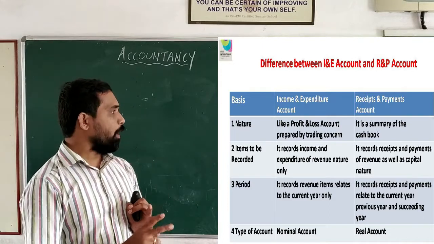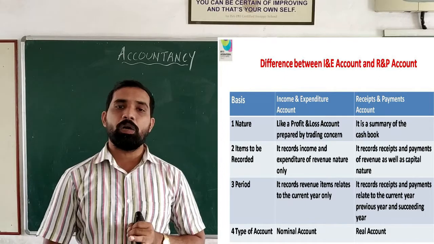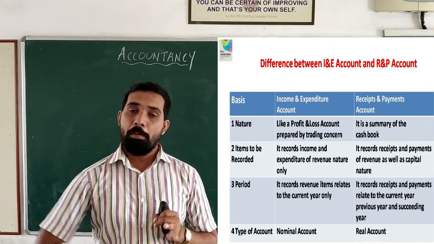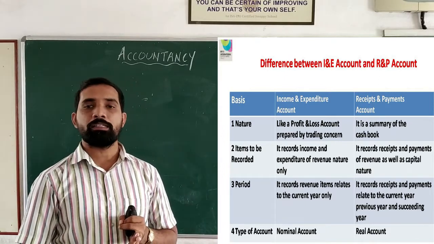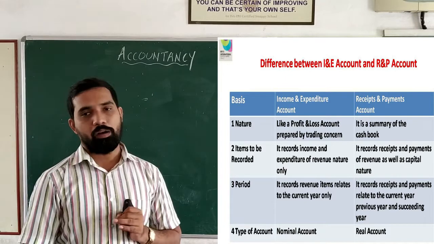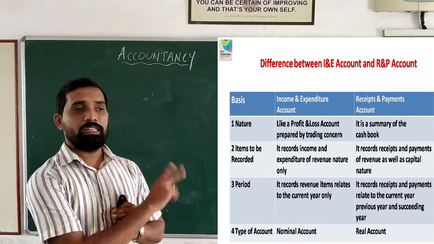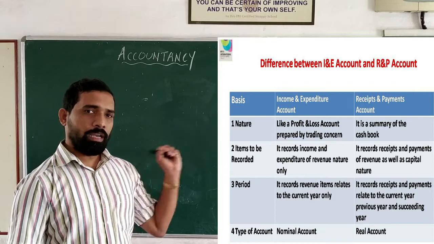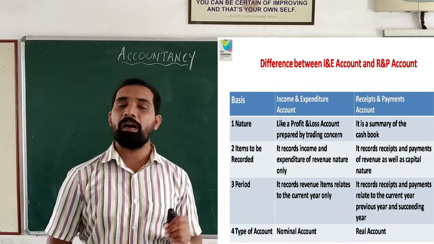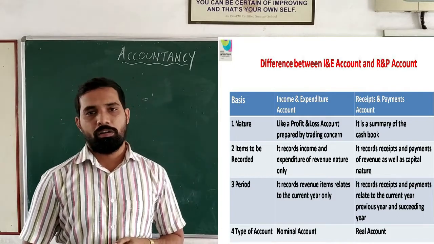And then fourth point, income and expenditure account is a nominal account. But receipts and payments account is a real account. So these are the important differences between income and expenditure account and receipts and payments account.